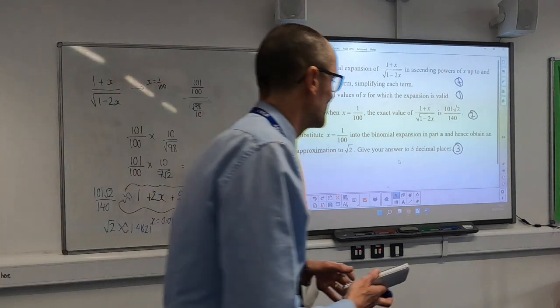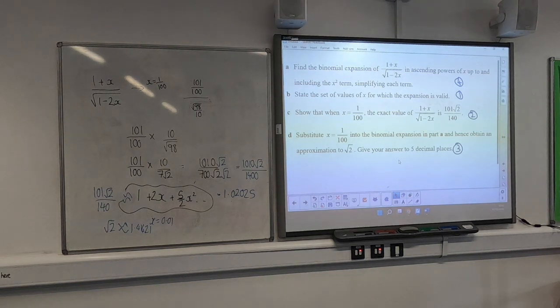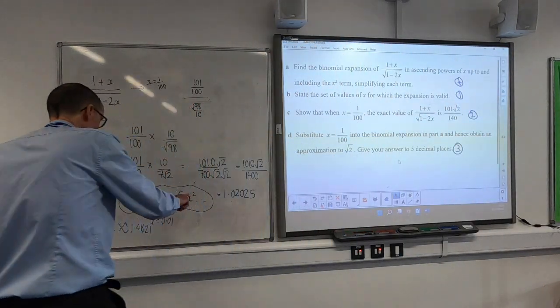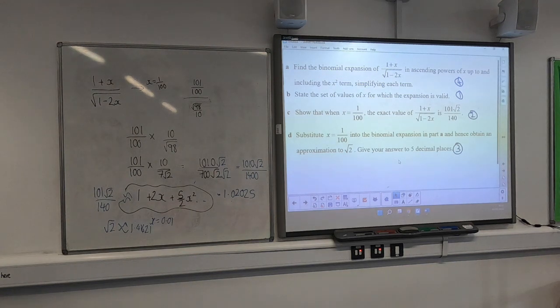Which I think is quite amazing, is correct to 5 decimal places. If you actually work out the square root of 2, that is correct. So we got that by just using a binomial expansion with just 3 terms in it. There was an awful lot of jiggery-pokery in between.